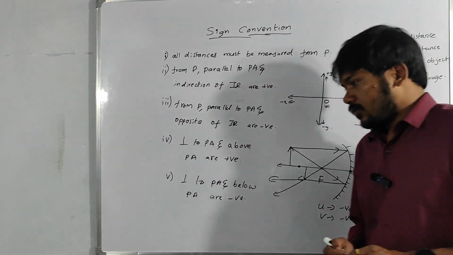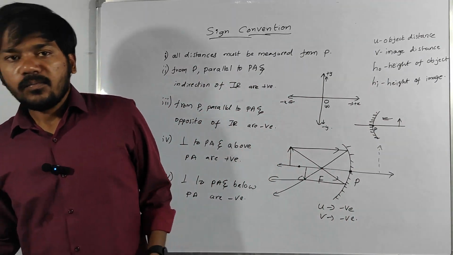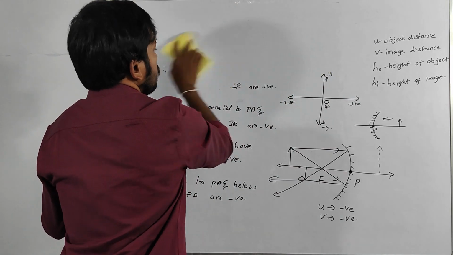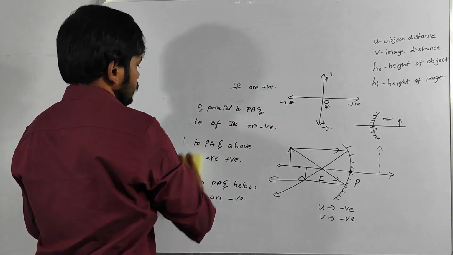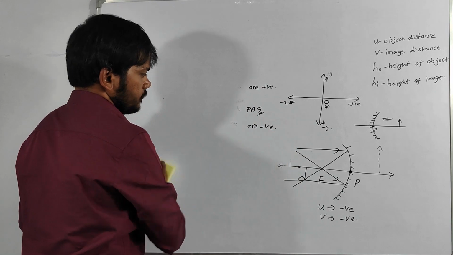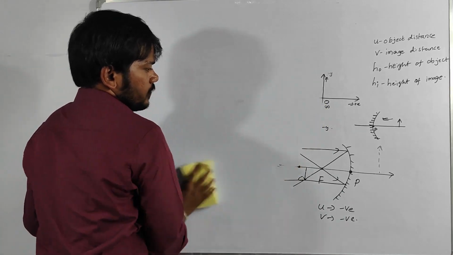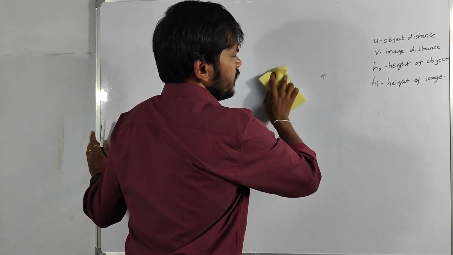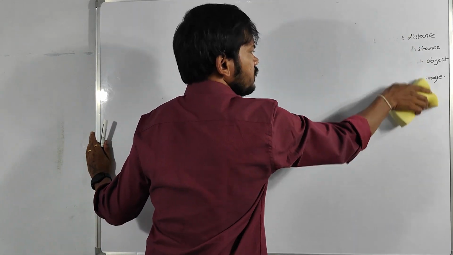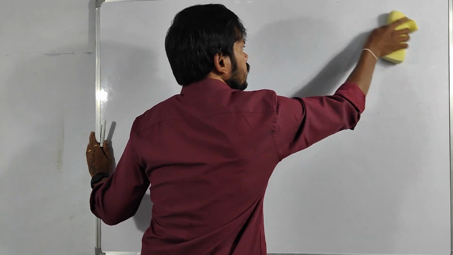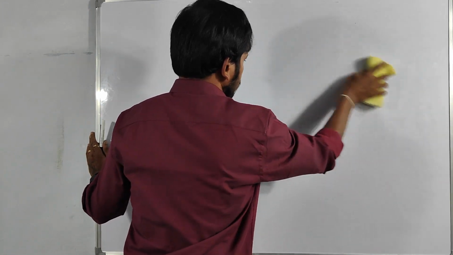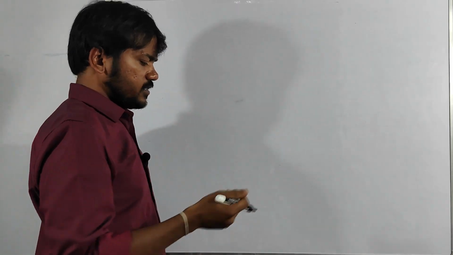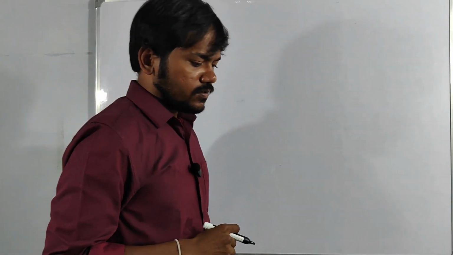Now let us discuss the important derivation, which is the mirror formula derivation. If you compare with the coordinate axis in the sign convention, in the 2D axis, every distance will be measured from the origin only, no?